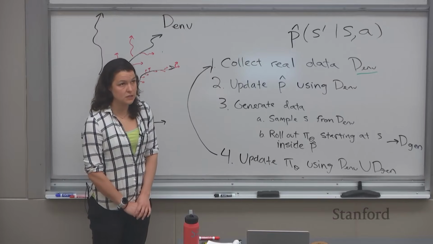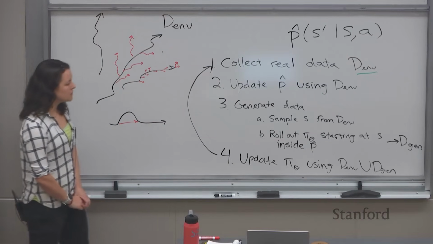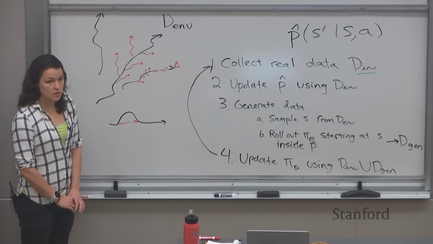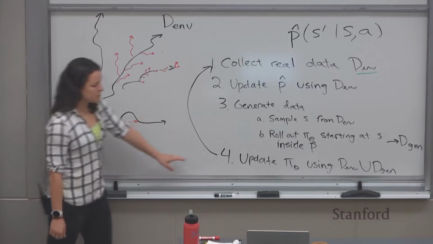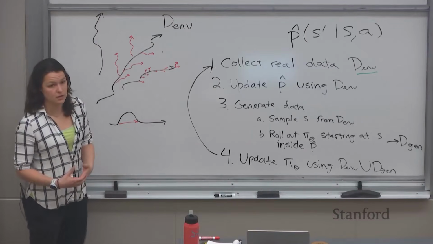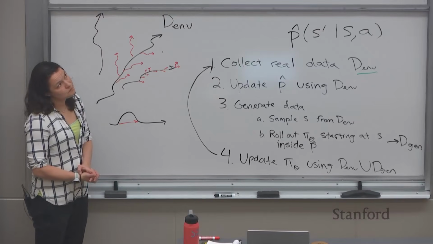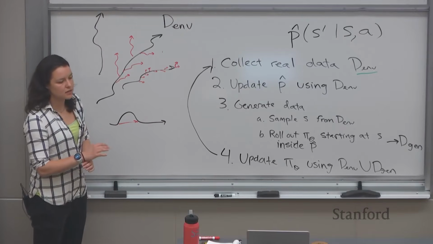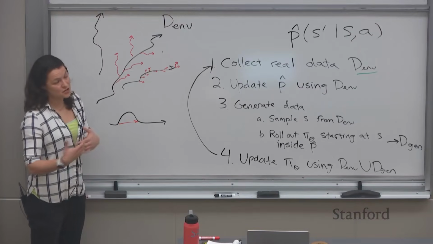So the question is, is the learning stable when you use the synthetic data? You may be in a scenario where you're adding a lot of synthetic data, and how much synthetic data you generate and how you balance that data in this last update might depend on how good you think your model is. In terms of stability, we'll talk about pros and cons on the next slide. But one downside of these kinds of algorithms is they do introduce additional hyperparameters.